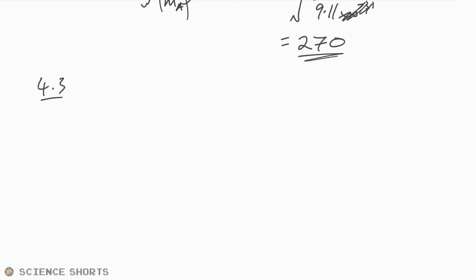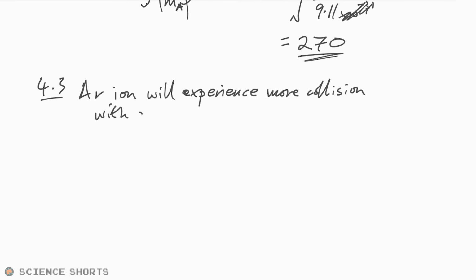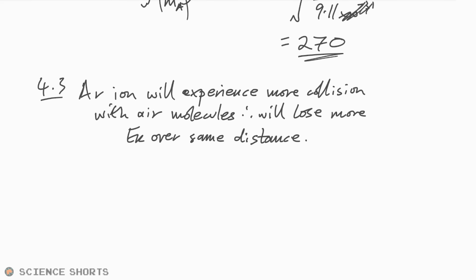Okay, 4.3, the air does affect the motion in reality. How does the presence of the air change the ratio in question 0? Okay, so the argon ion will experience more collisions, or will collide more times with air, but it's got a short distance to go. I don't know. We'll have a look in a second. With air molecules, therefore, it will lose more kinetic energy over the same distance. We could also say that it's more ionizing.